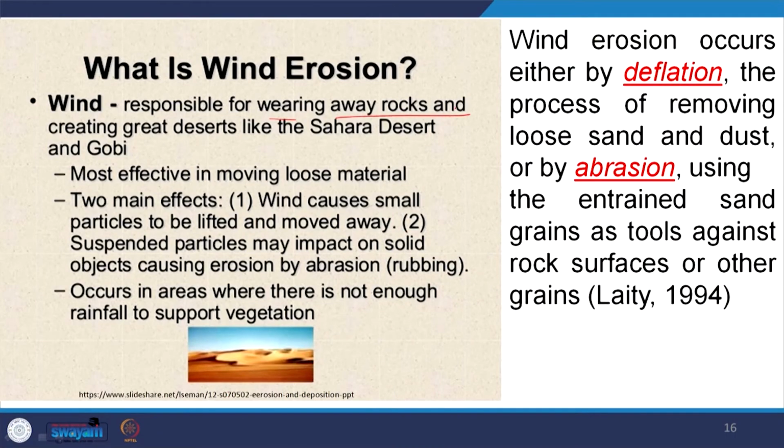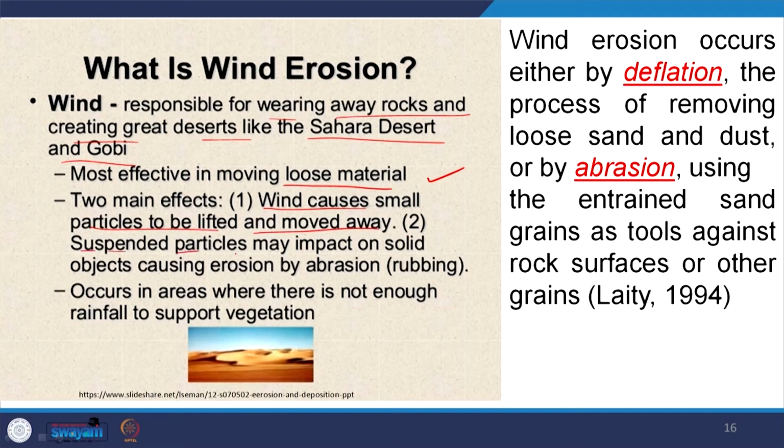Wind is responsible for weathering away rocks and creating great deserts like the Sahara and Gobi deserts. Many thousands of square kilometers of area can be affected by wind. It is most effective in moving loose materials. There are two main effects: one is that wind causes small particles to be lifted and removed away.